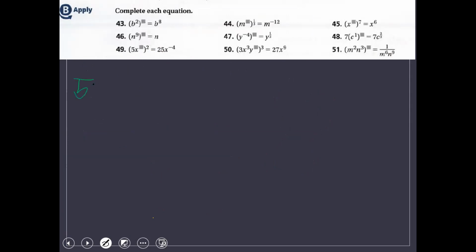Now number 50. Here we have 3x cubed y to the power a, cubed. This must equal 27x to the power 9.